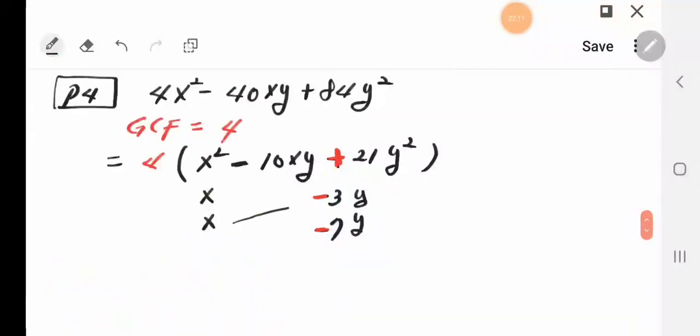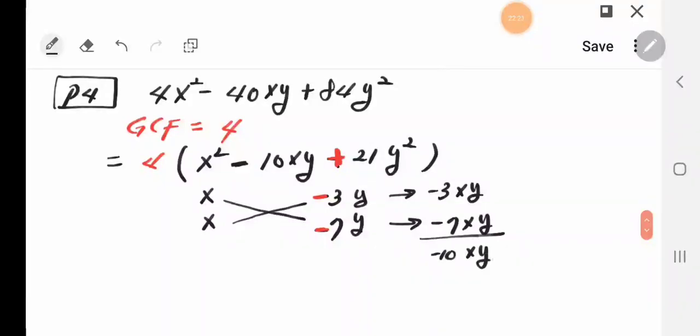Then the cross products are negative 3xy and negative 7xy, and the sum is negative 10xy. So negative 10xy is the same as the second term.